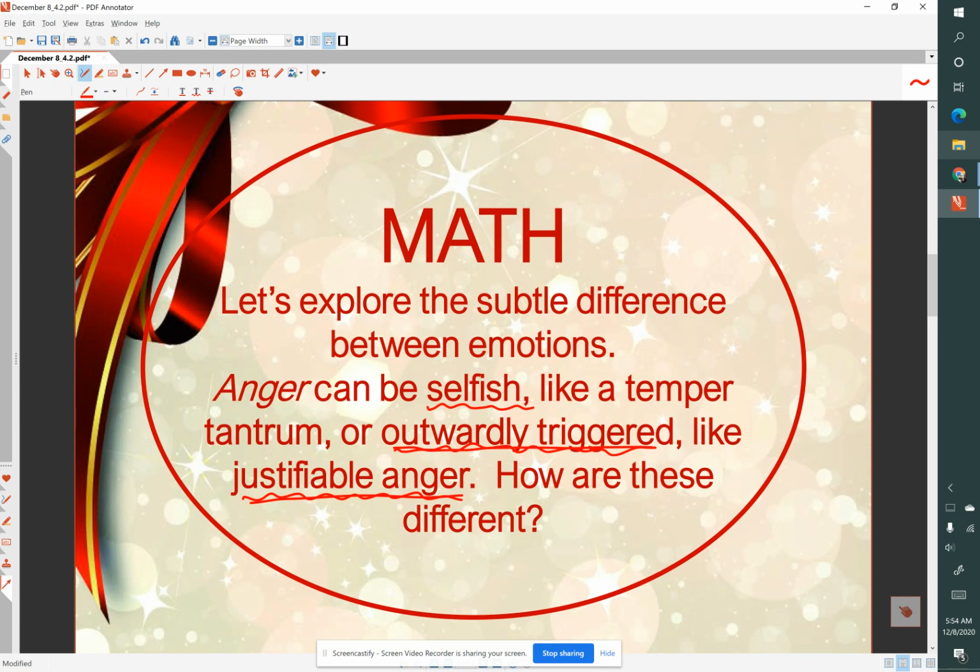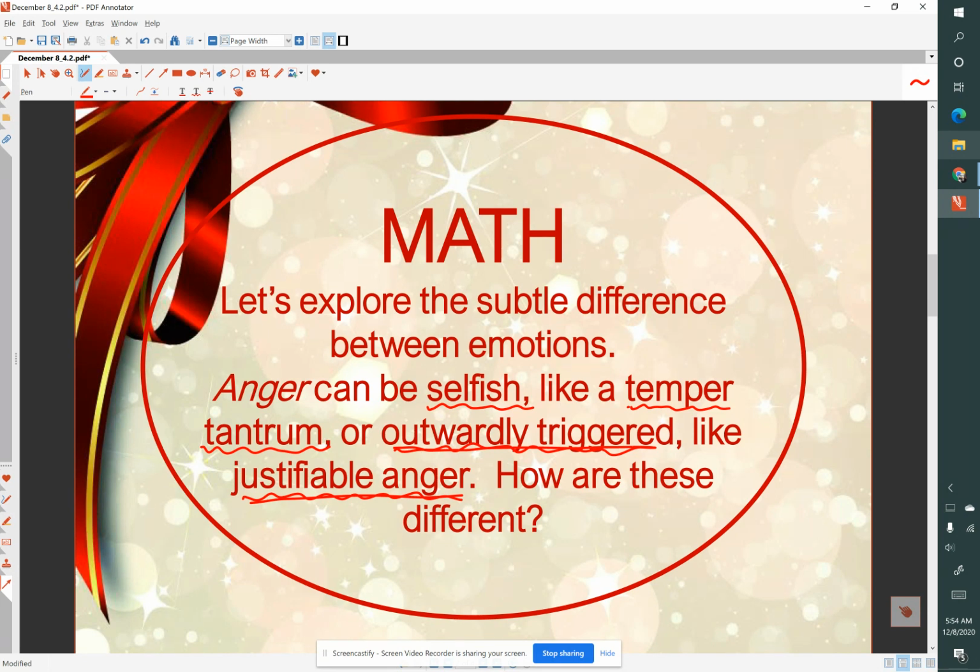People were angry at some injustice, so they chose to take some kind of action in response to that. So why is this important? Well, recognizing different types of anger can sometimes help you identify an anger you might feel in yourself. And if you recognize how your response is, if you're just complaining about your grade, maybe that's a little bit like a temper tantrum because you're not thinking about the effort you need to put in to do well in a class.